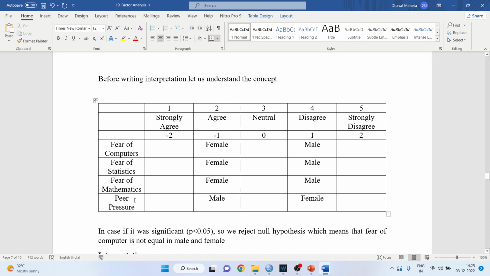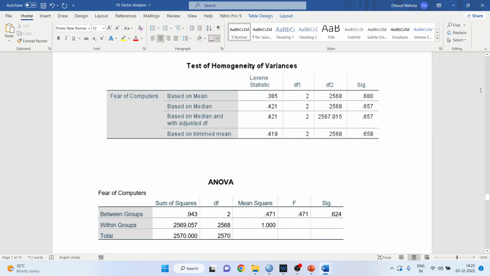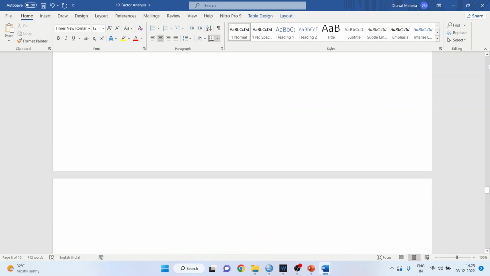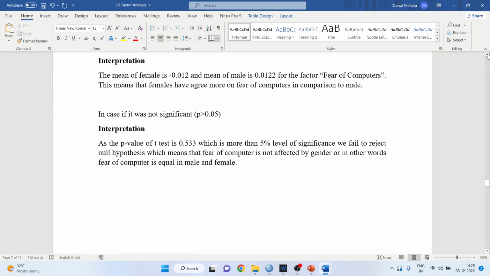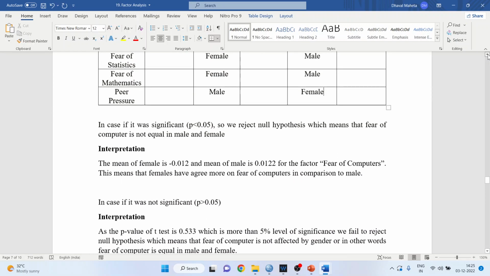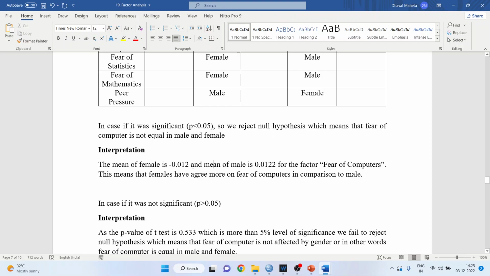Peer pressure, it is reverse. Males agree more in comparison to females. Now, how will I write this? I again repeat, the interpretation is to be done only when your p-value is significant, or rather the t-test is significant. So the mean of female is 0.012 and mean of male is 0.0122 for the factor fear of computers. This means that females agree more on fear of computers in comparison to male.